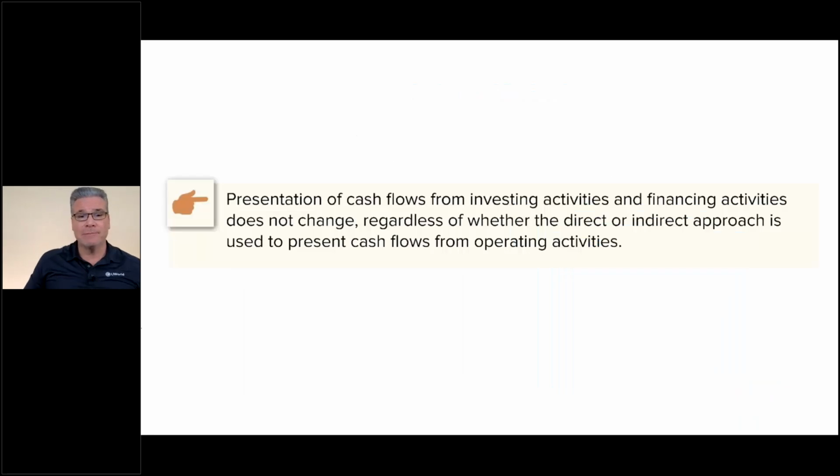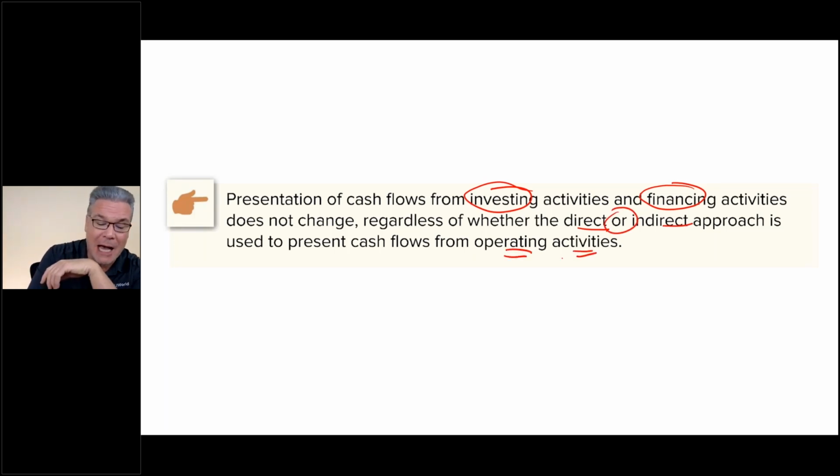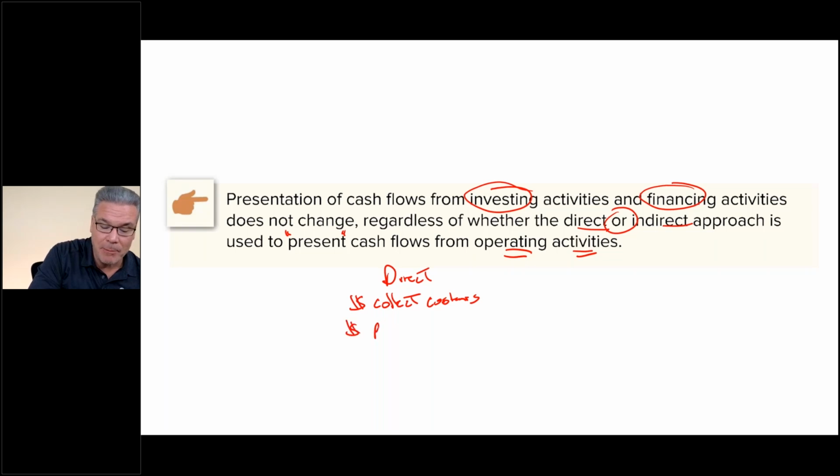All righty. So investing and financing, folks, are not affected by direct or indirect method. Direct or indirect method only affects how we present the cash flow. The direct method starts with cash collected from customers, and then you've got all your cash paid for your operating expenses, and that's how you get your cash flow from operations.